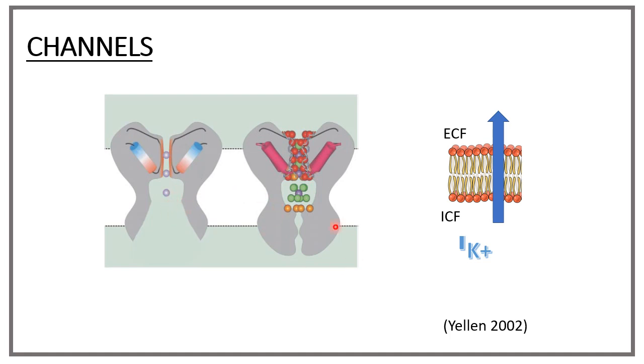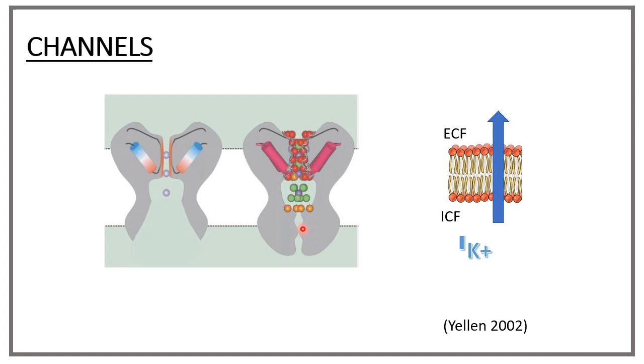It's going to become inactivated as the cell repolarizes. So it's going to, in this example, pinch off the opening to the cytoplasm at resting potential. And that's all we want to cover on this slide.